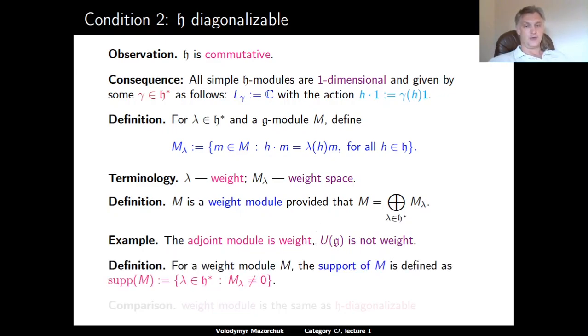For a weight module M, the support of M is defined as the set of all weights such that the corresponding weight space is non-zero. This is just a reformulation that weight modules are exactly the modules on which the action of the Cartan subalgebra is diagonalizable or semi-simple.